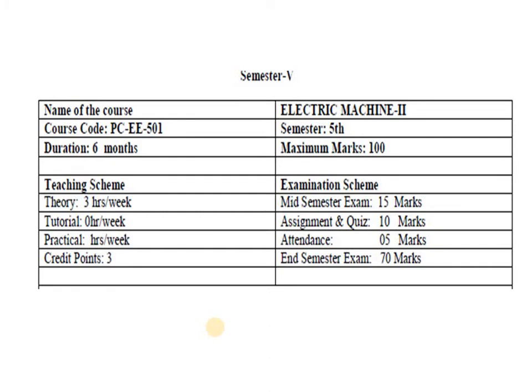That means internal assessment carries 30 marks and the end-semester or external evaluation carries 70 marks. A total of 100 marks of evaluation is needed to pass this electrical machine paper of electrical engineering.